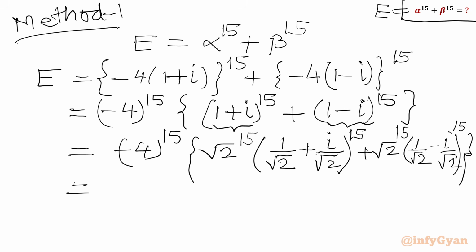Now I can take root 2 power 15 overall common. So I can write here minus 4 power 15 times root 2 power 15.